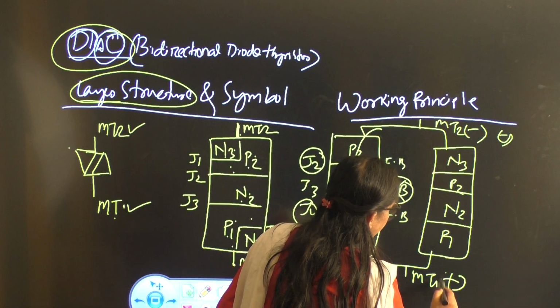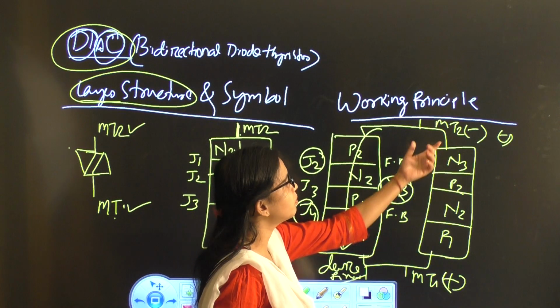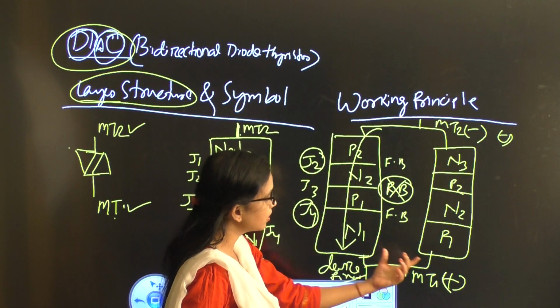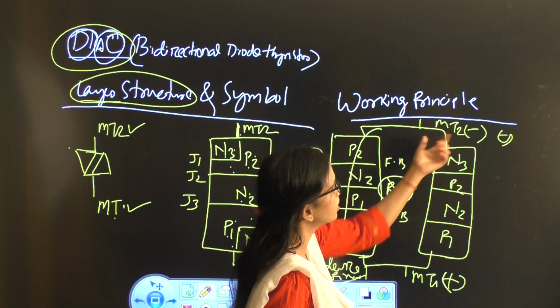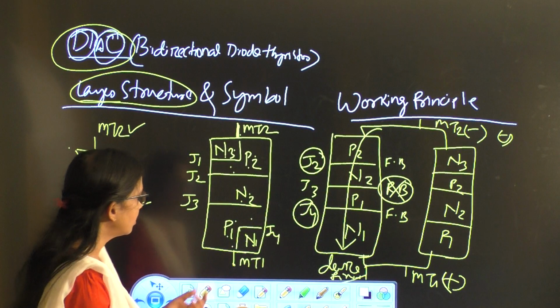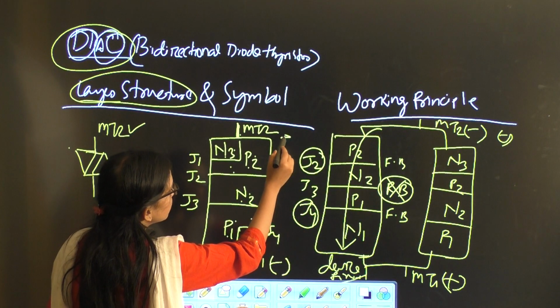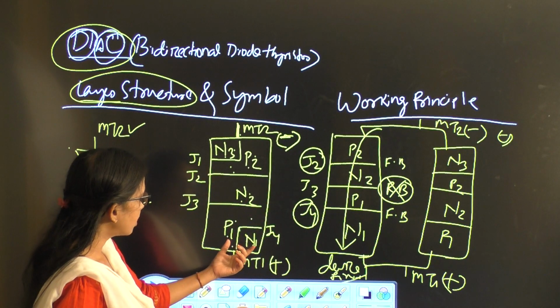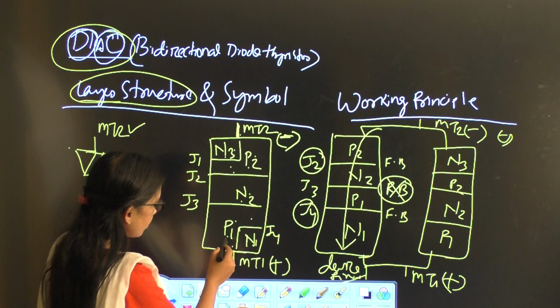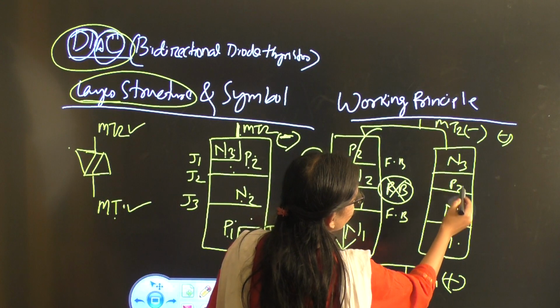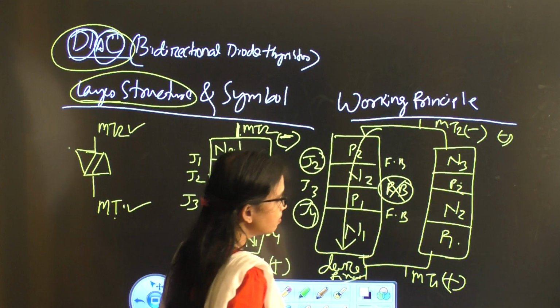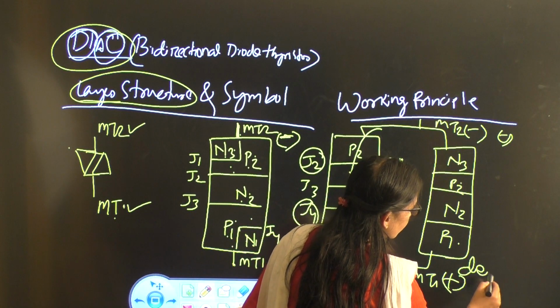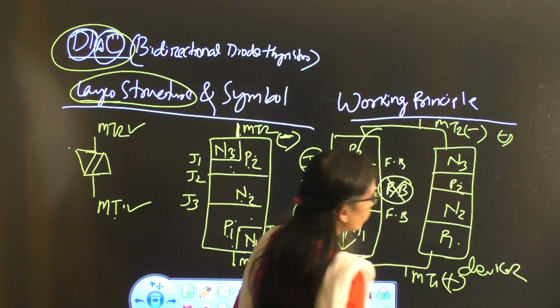The second case is when MT1 is positive with respect to MT2. That means MT1 is positive and MT2 is negative. In that case, the layers P1, N2, P2 and N3, that means device 2, become forward biased.